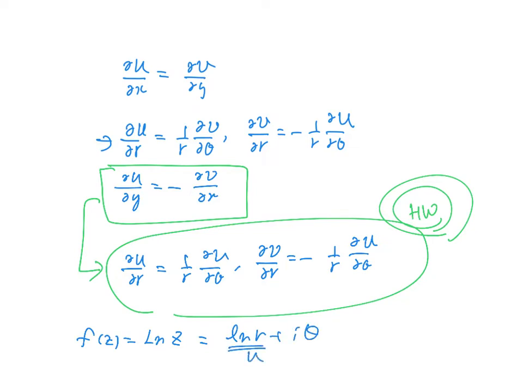This is your u, this is your v, and partial r, partial u is what? 1 over r. And partial theta, partial v is 1 over r. So the principal value of the logarithmic function is analytic, right?